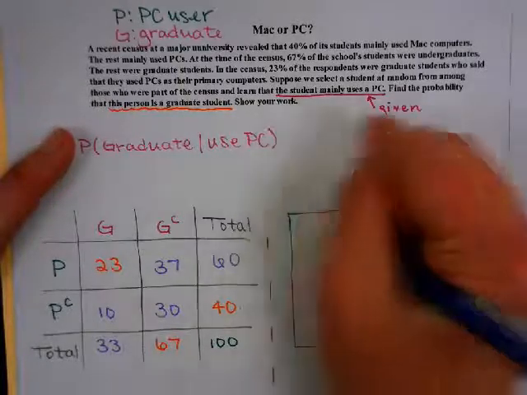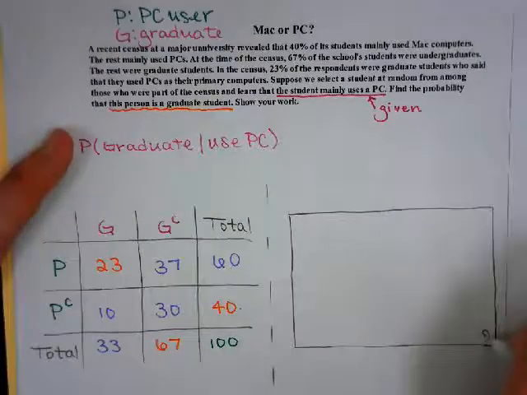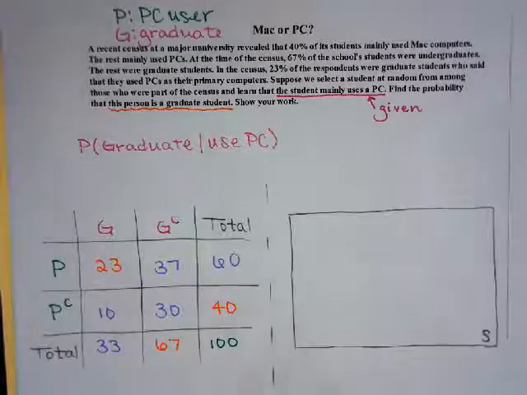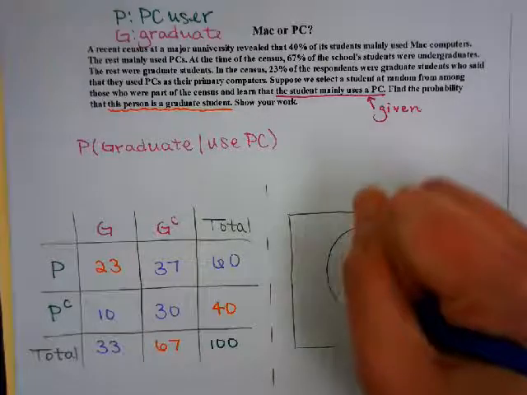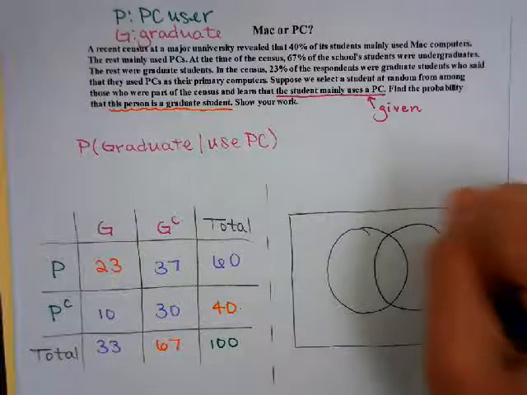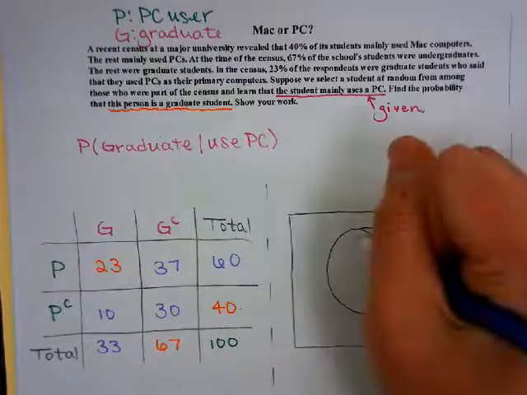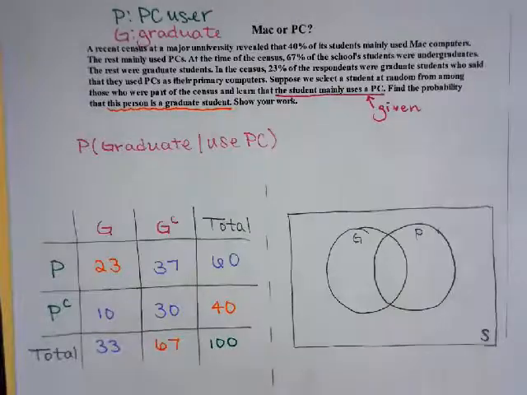And we have our two events that were included in, which was their graduate student and their PC user, which means that this overlap here is graduate and PC users.